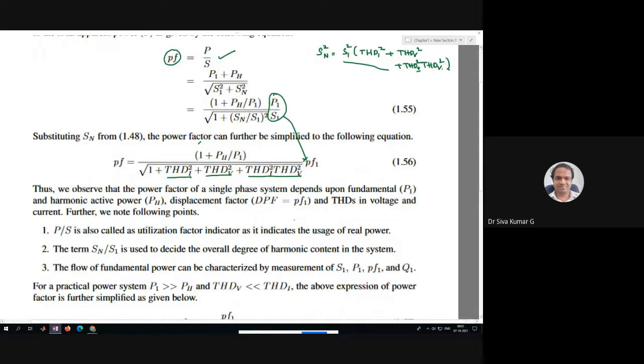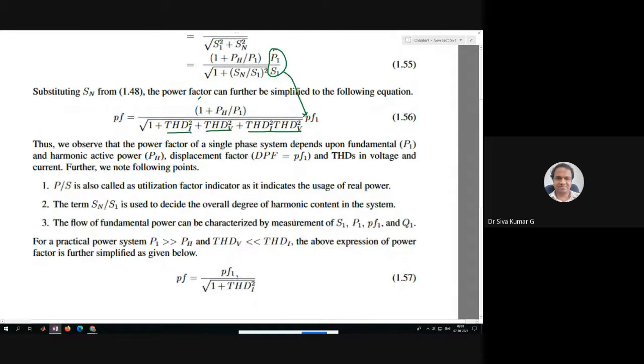In any kind of system, generally the fundamental power is much higher and the harmonic power PH is much lesser than these values. The power factor is defined as dependent on the fundamental power as well as the harmonic power, the displacement power factor, and the THD in current and voltage.